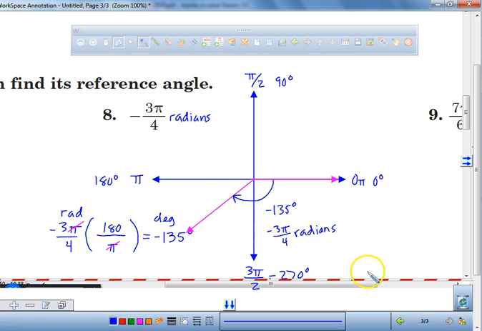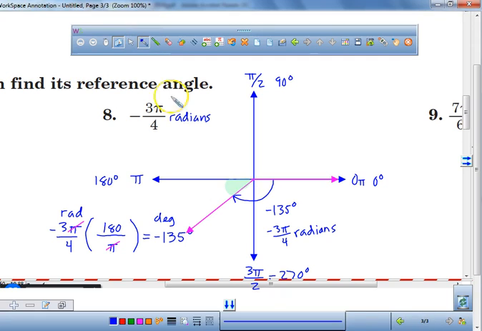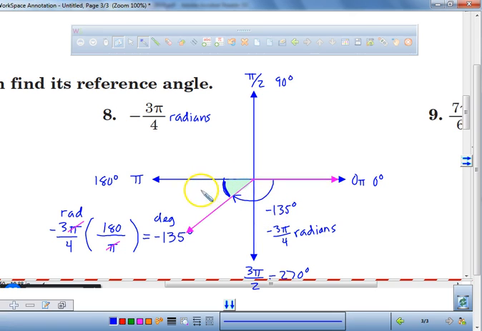So now that I've made that sketch, we're going to find our reference angle. I'm going to highlight what it is. This measurement right here, this is our reference angle right there. How many degrees would that be? If this is negative 135, what does this have to be right here? 45 degrees. So this right here, our reference angle, everybody, for number 8, is equal in degrees to 45 degrees.